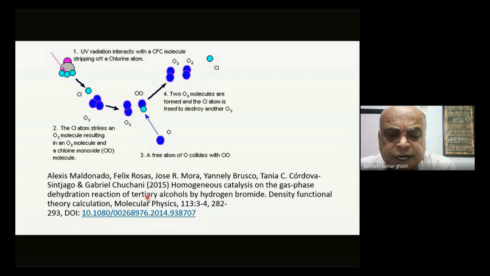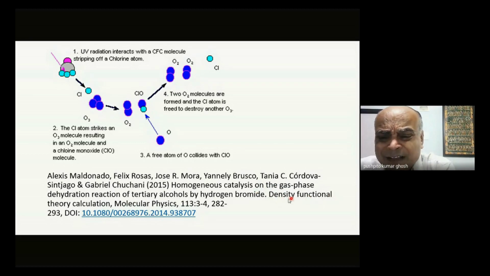Take another example of a gas phase reaction. For example, tertiary alcohol. It's a liquid, of course, but if I heat it up, it will form a gas. And so in this particular paper, they've taken gas phase tertiary alcohol and they introduced hydrogen bromide, again in the gas phase. And so they are having a gas phase homogeneous catalytic reaction.